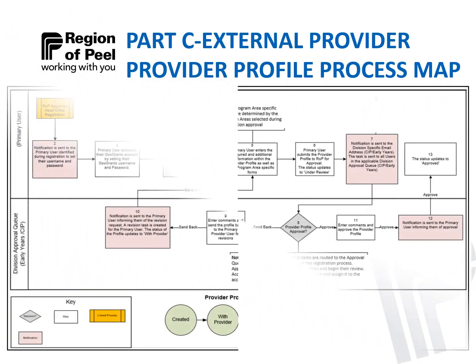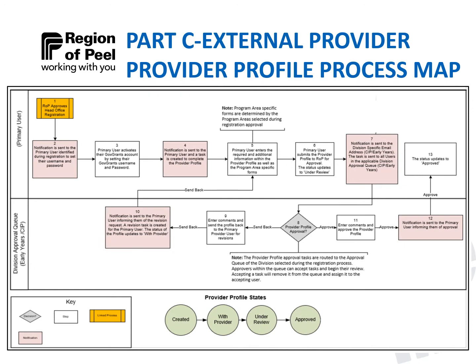Part C, External Provider, Provider Profile Process Map. These process steps demonstrate a high-level overview of the service provider's process to complete the provider profile, along with the internal Region of Peel approval steps.